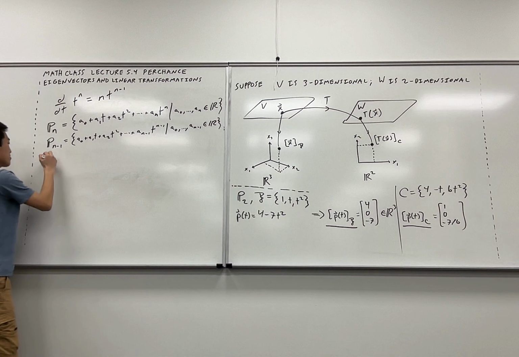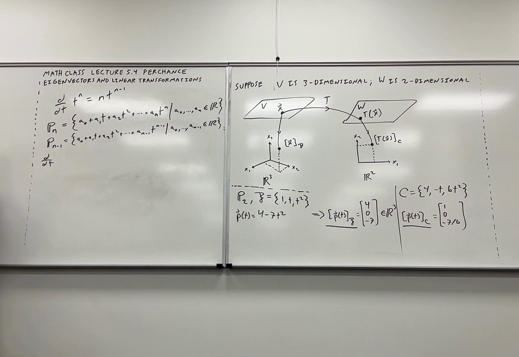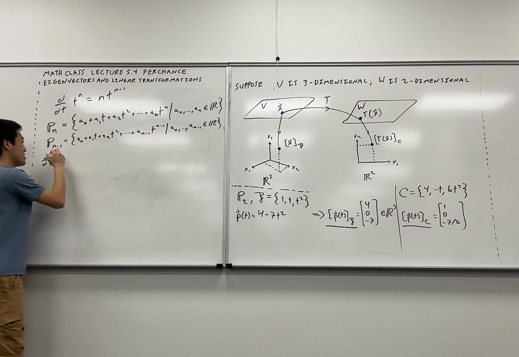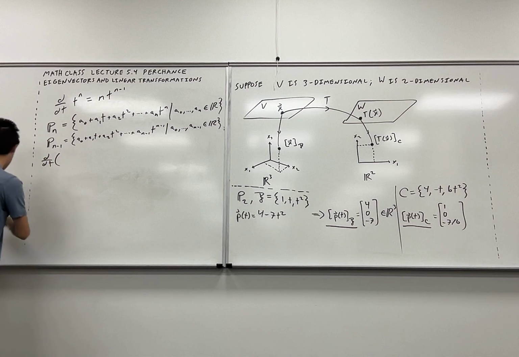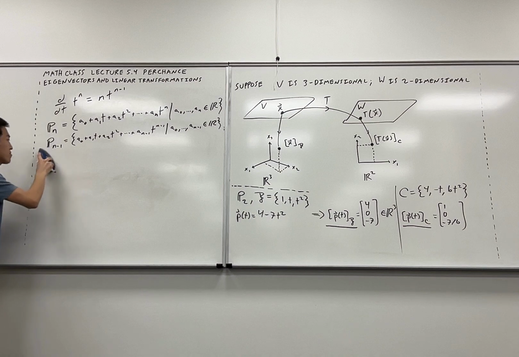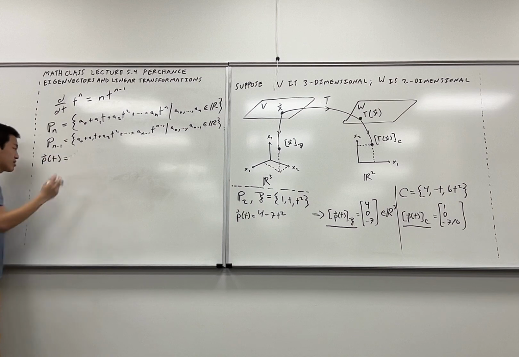In general, I have a transformation. We call it differentiation, d dt. Let's define a general vector. Let's call this vector P. It doesn't really matter what you call it.